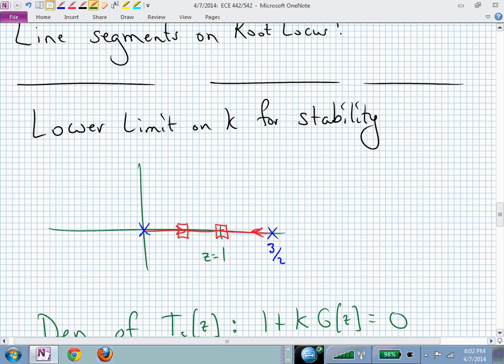Now we want to know, can we find the maximum value of gain k where those two just meet, where they just kiss? Make this a little bit more interesting. So we now have two poles that are meeting. What's the gain value to get them to that point of collision?